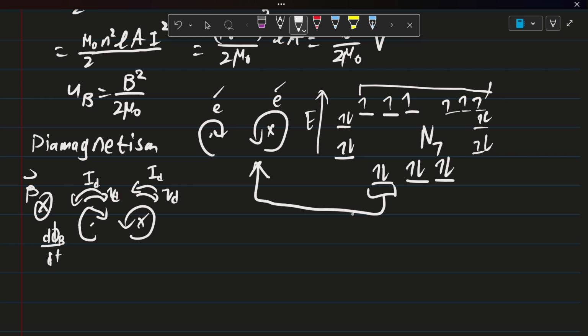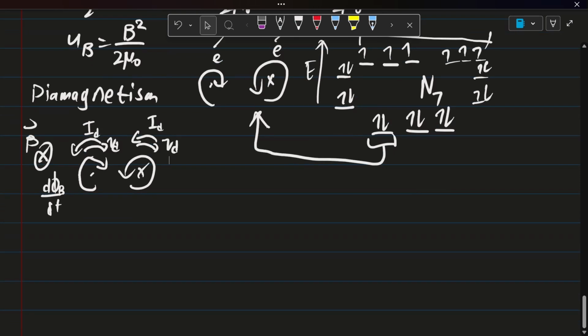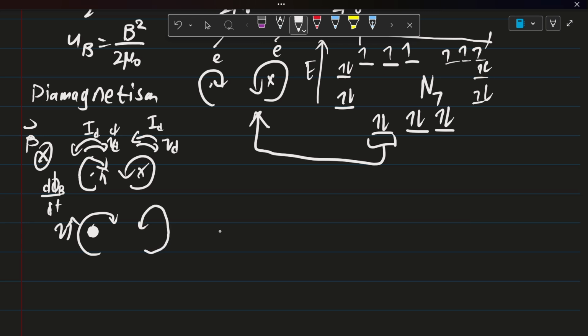Now, this would mean different things. In here, the magnetic field will go bigger because the velocity in here is added up with the velocity of the original electron, thus making it much faster. So the v increased. But in here, our magnetic field going in this direction will weaken.